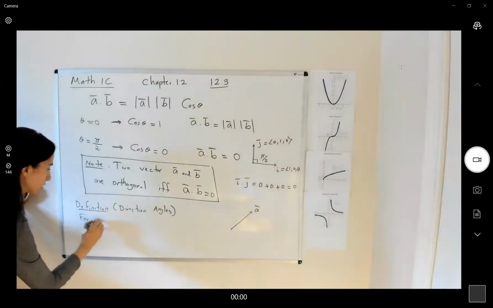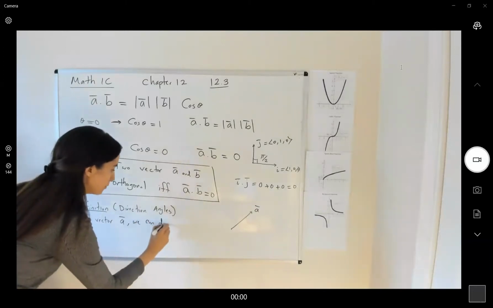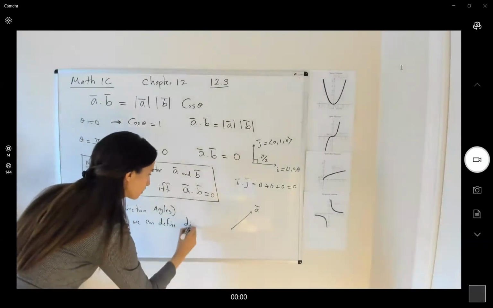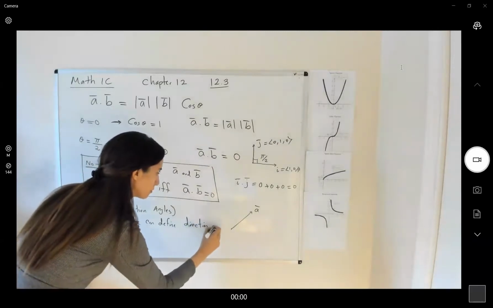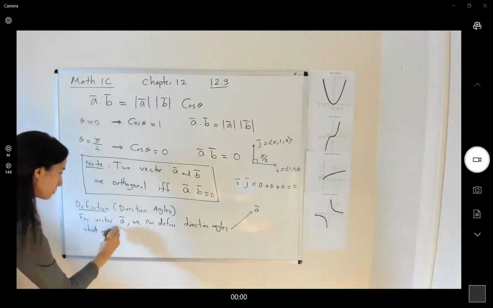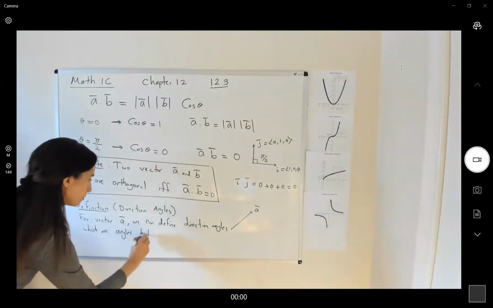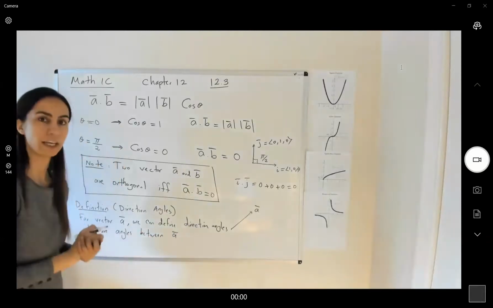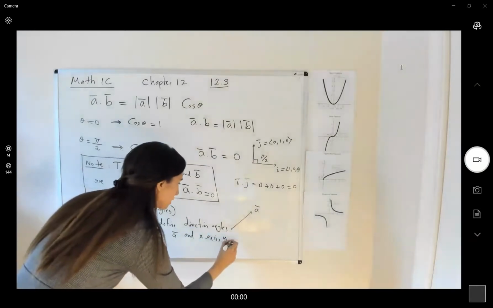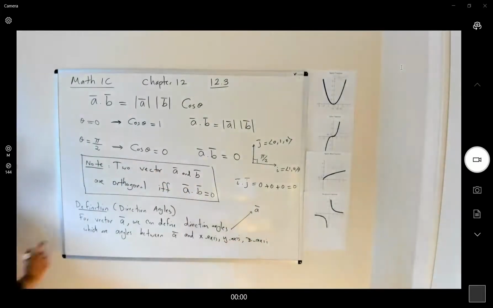For vector A, we can define direction angles, which are the angles between vector A and the x-axis, also the y-axis, also the z-axis.